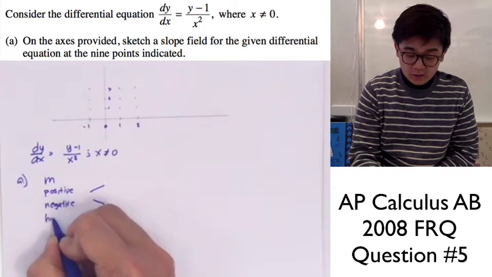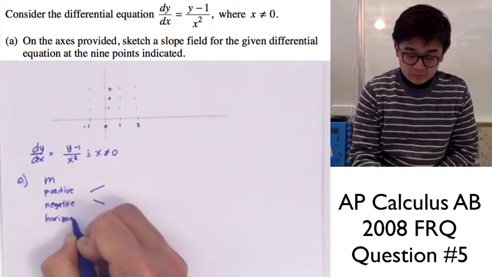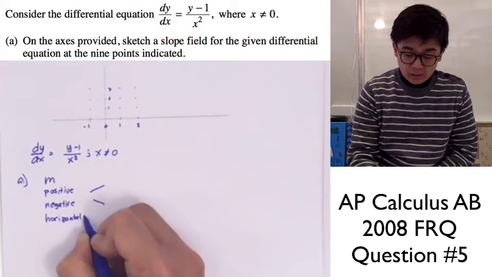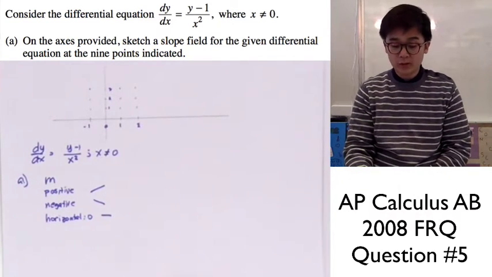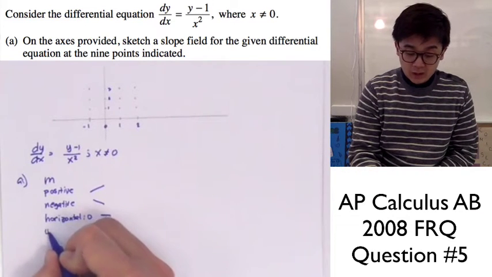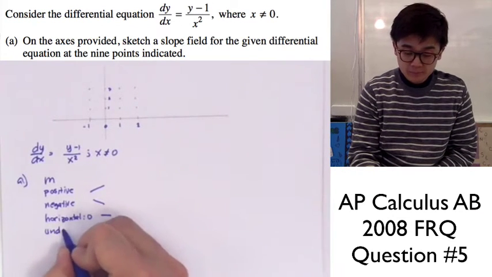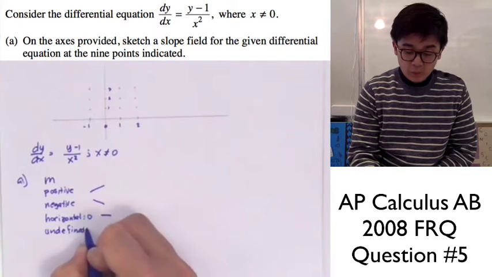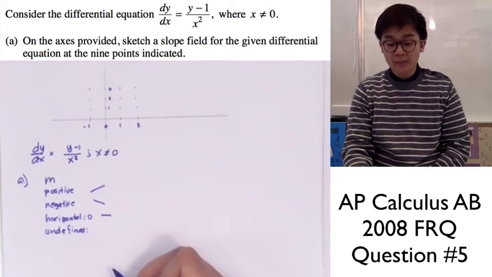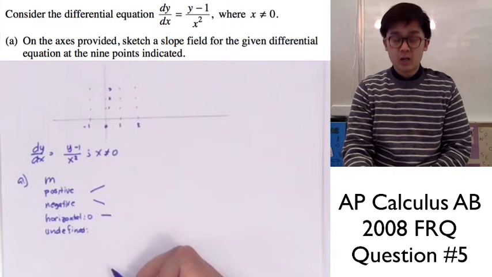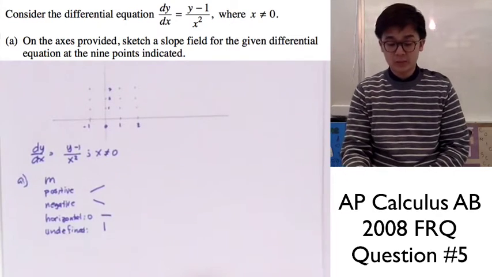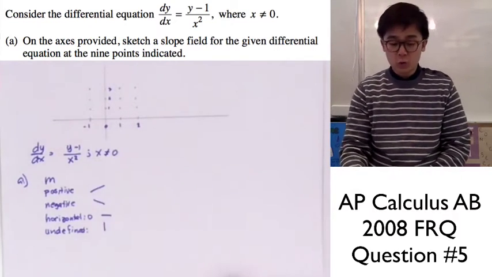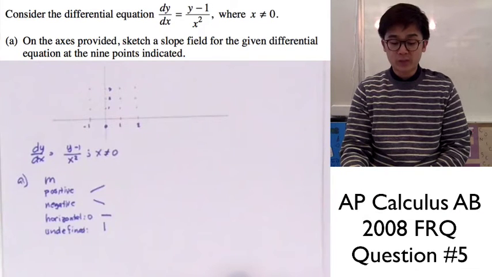A horizontal slope is a 0 slope, so that means it's going to be a horizontal line. And an undefined slope, which happens when the denominator of your slope is 0, is going to be a vertical slope. So these four behaviors of our slope are what we are going to be using in representing the graph of a differential equation.